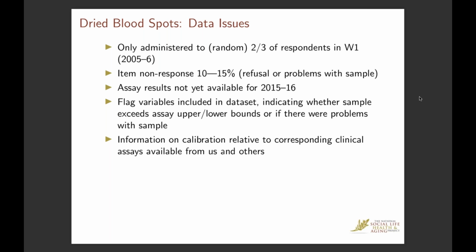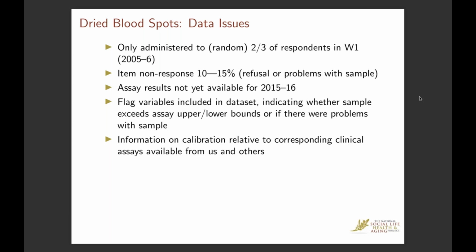Either the respondent refused to provide a sample, or there was some problem with the sample or the assay for that sample. And I can't remember whether it's mentioned yet or not, but we are currently conducting our assays on the 2015-16 samples. And so those will be made available to the research community as soon as we actually have the data and have QC'd them.